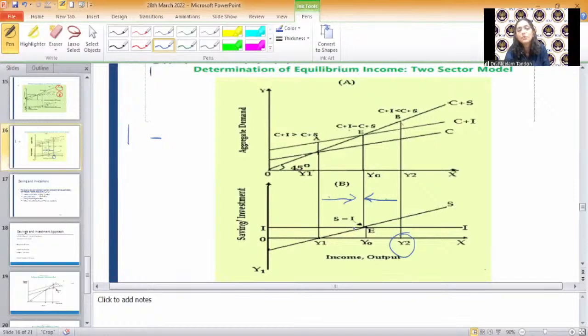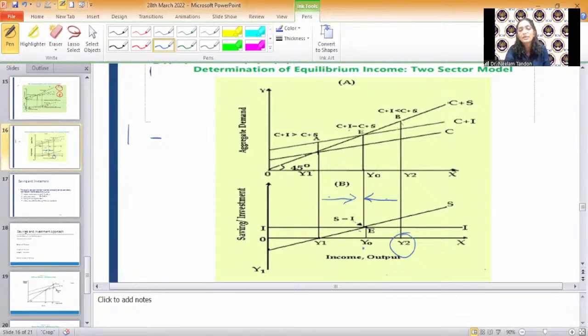So if you are to the left of it, that means savings are less and investments are more. That means consumption is more. Consumption is more means demand is more. Demand is more means inventories will reduce. Inventories reduce means output will increase. Investments will increase. Employment will increase. Income will increase. And it moves from Y1 to Y0.